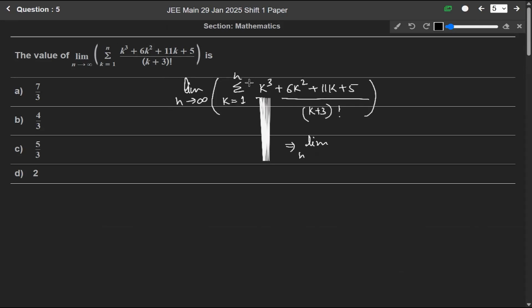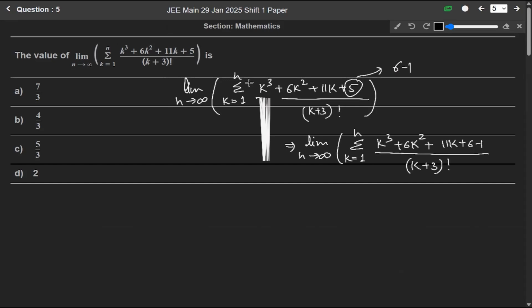Limit n tends to infinity. In place of 5, we can write it as 6 minus 1. Okay, so it will be sigma k equals 1 to n, k cube plus 6k square plus 11k plus 6 minus 1 over this k plus 3 factorial.